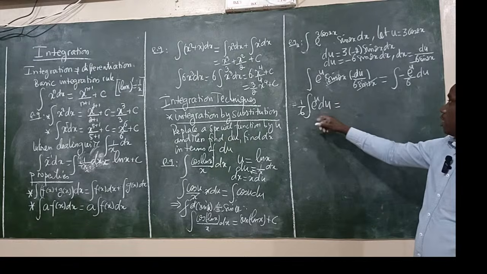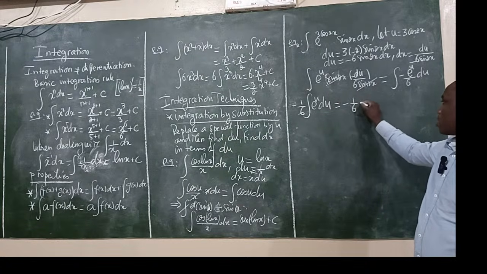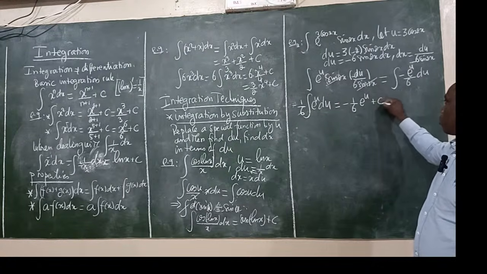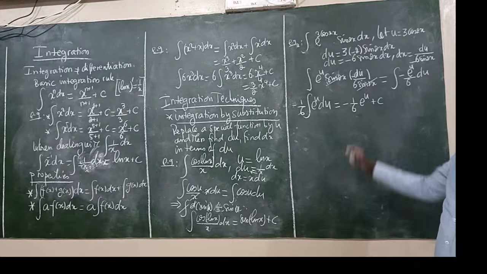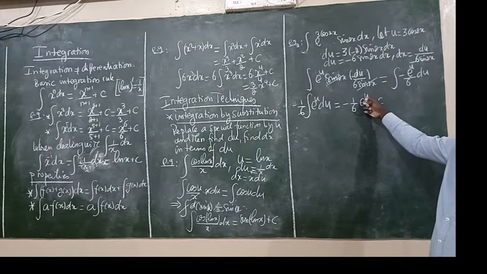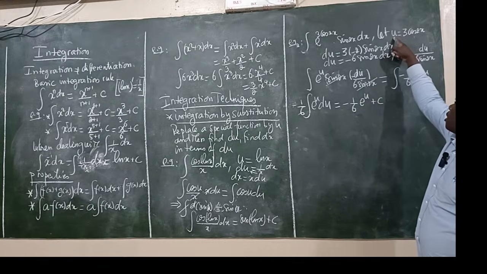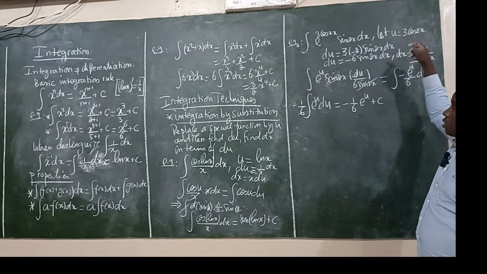That's why this will be minus 1 over 6 e to the u plus c. The question is, what is u? U was assumed to be 3 cosine 2x.